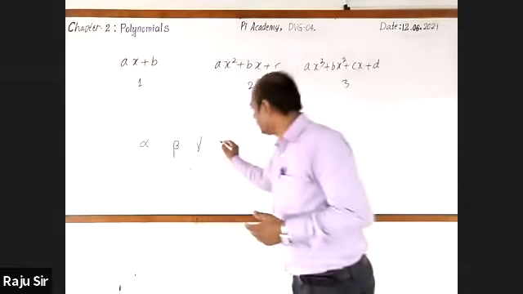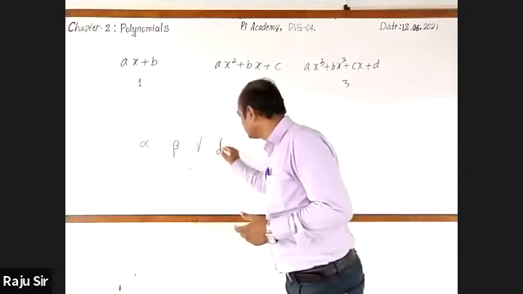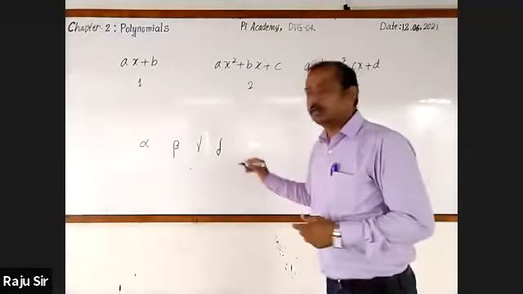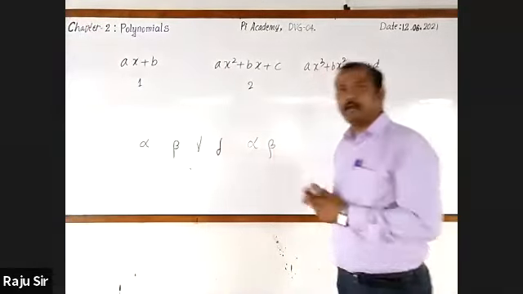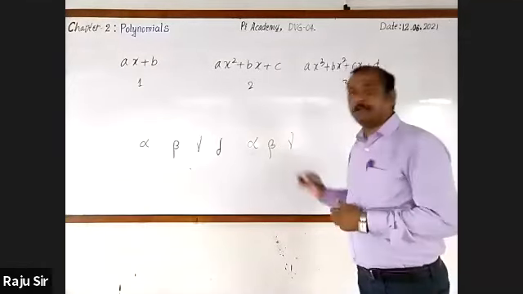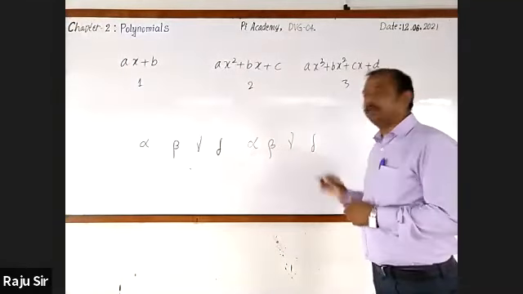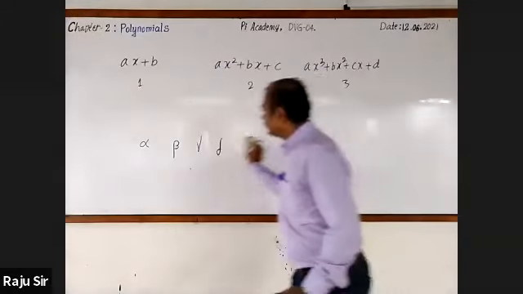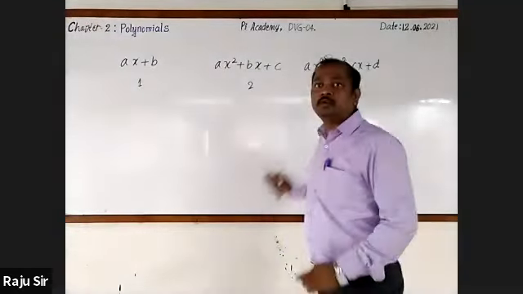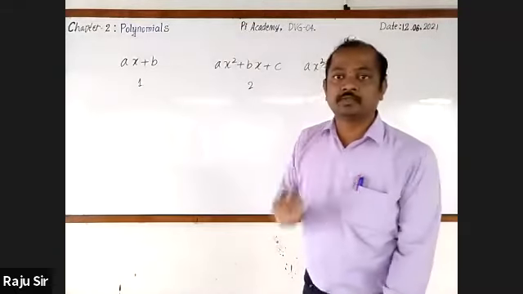Next, delta. So this is alpha, this is beta, this is gamma, and this is delta. These are the symbols which are used to represent the zeros.